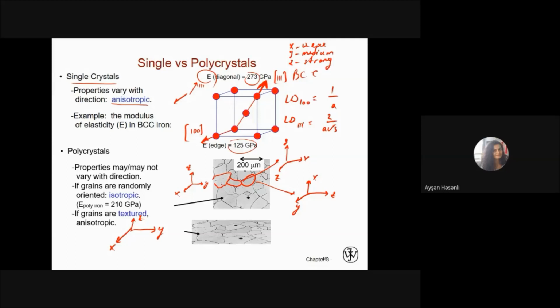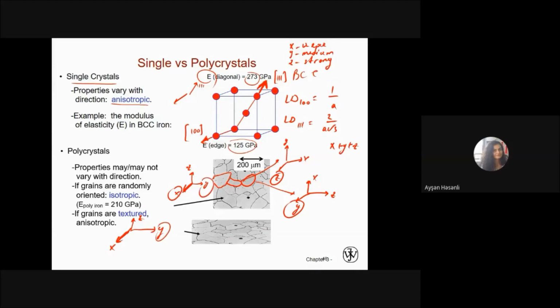When I measure this polycrystal in the X direction over here, like this, what do I get? X, Z, and Y. If I take an average, I will get some average value. Then let's move on to measure in the Y direction. Now what do I get for this material?